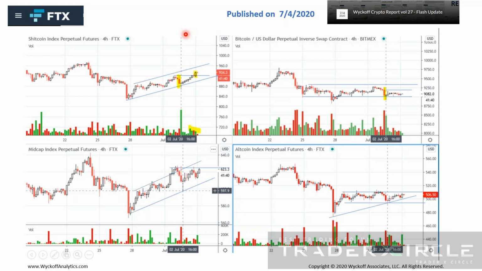Here, instead of the Nasdaq, S&P, Dow, and Russell, we have Bitcoin and 3 major crypto indexes: large caps, mid caps, and small caps.